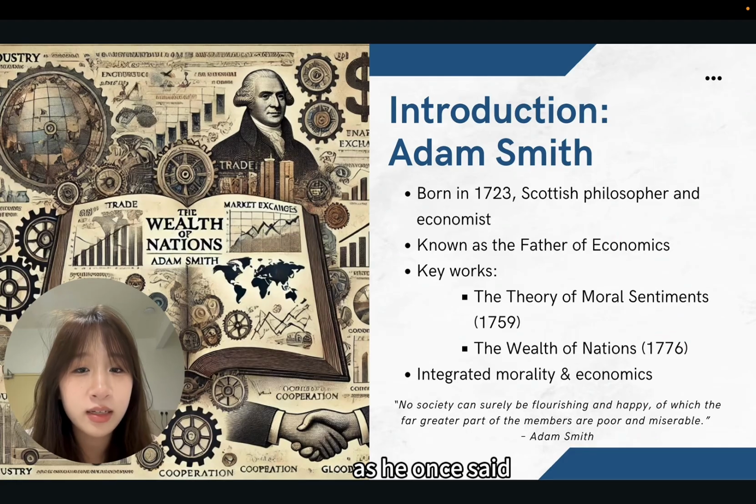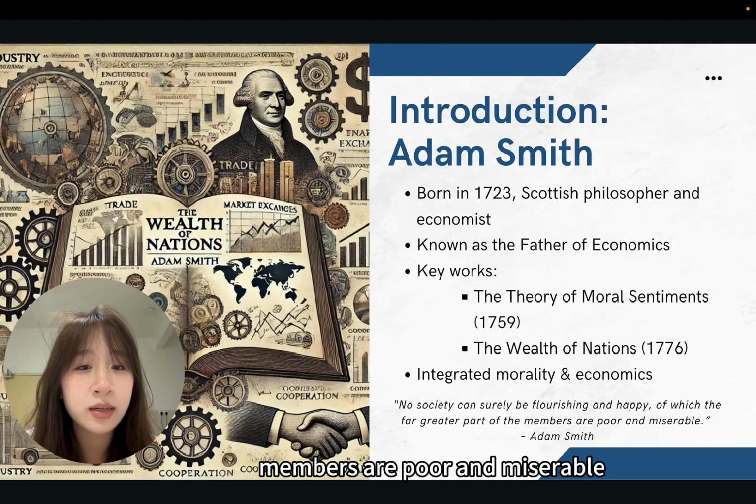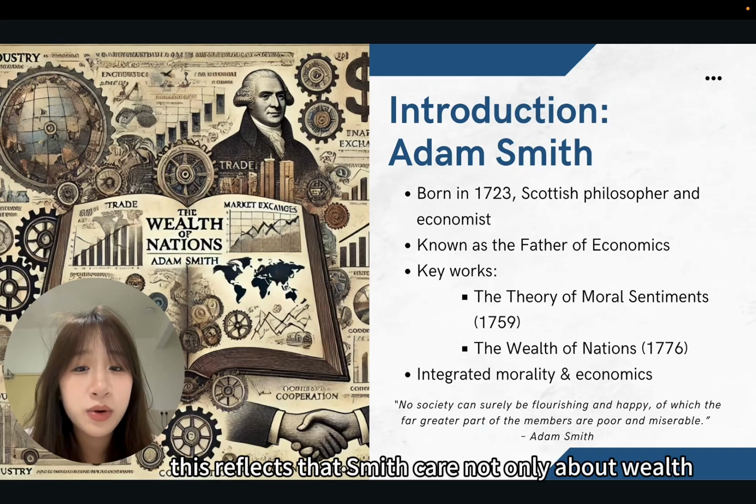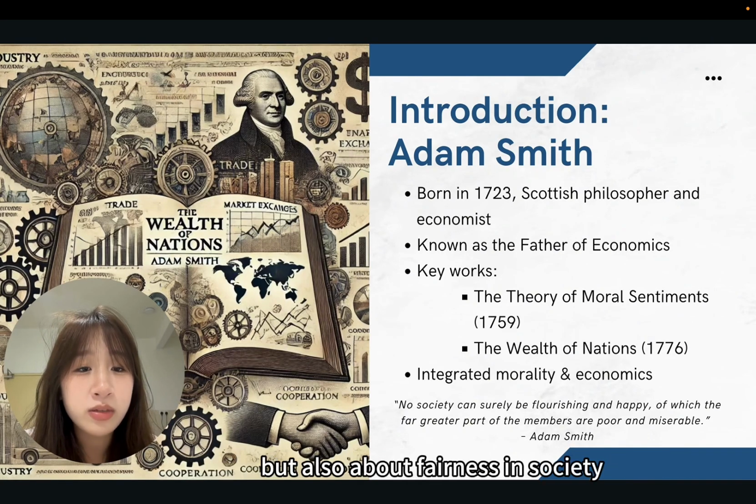As he once said, "No society can surely be flourishing and happy, of which the far greater part of the members are poor and miserable." This reflects that Smith cared not only about wealth, but also about fairness in society.